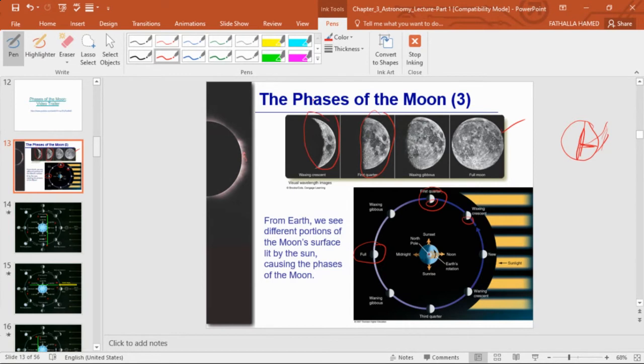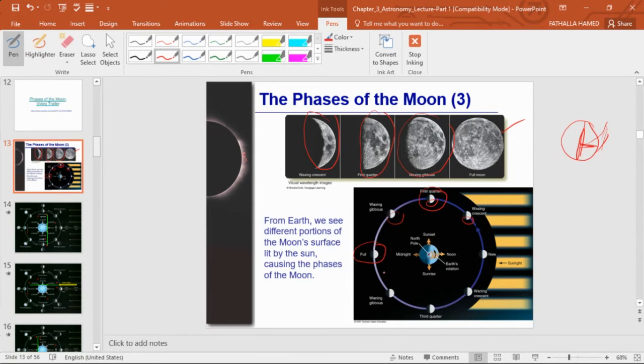And we call that a waxing crescent, because it's going to grow every night till it comes to a first quarter, and then after it becomes a first quarter, it will keep increasing and be more than a quarter, and that's why we call it gibbous, and we call it waxing gibbous. That means it's going to increase every night, and then it will become a full moon.